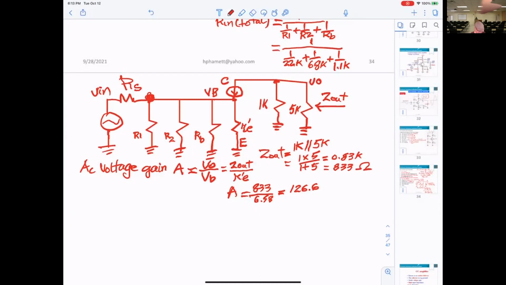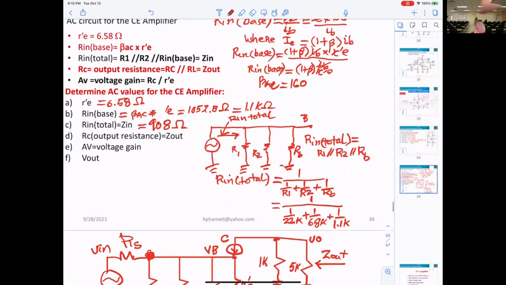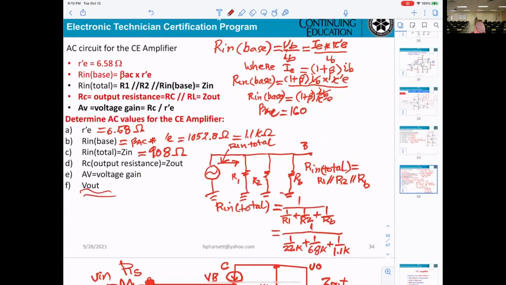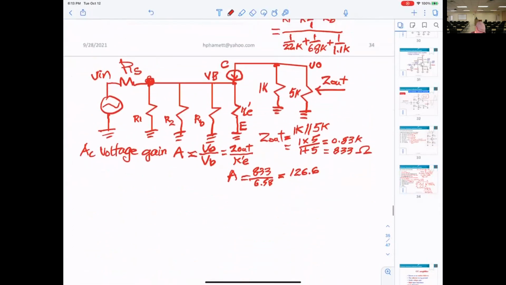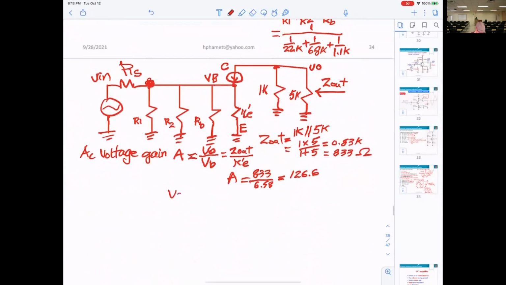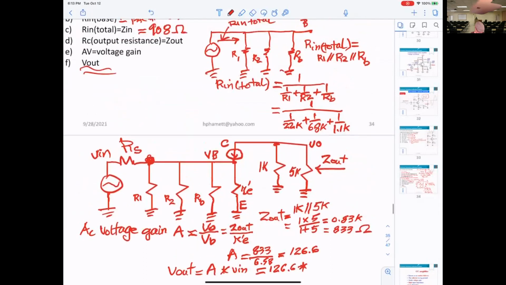And if they ask for V out, in this case you use A, the gain, times V in: 126.6 times V in.